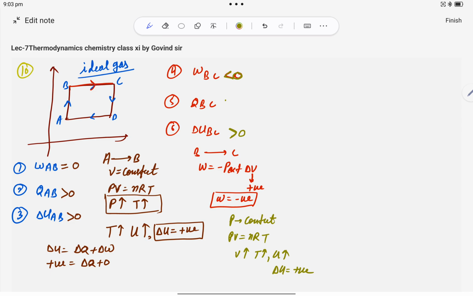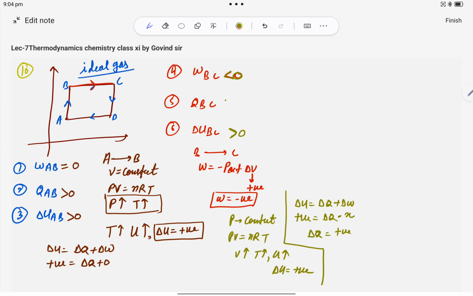Okay. Now Q, how to calculate? Check it here. Again, delta U is equal to delta Q plus delta W. Delta U positive. Q is equal to what? We have to find out. Delta W negative, means something X you assume. Delta Q is equal to what?